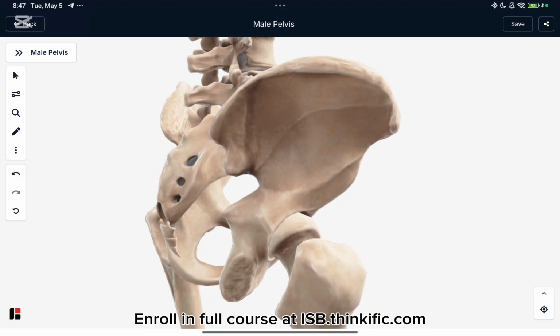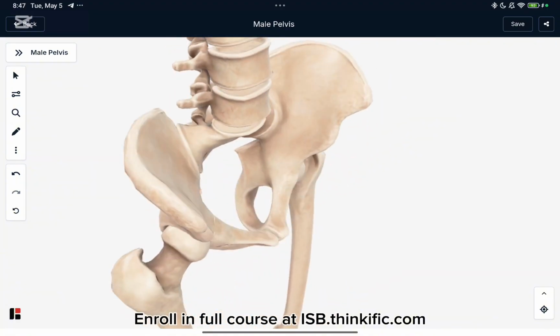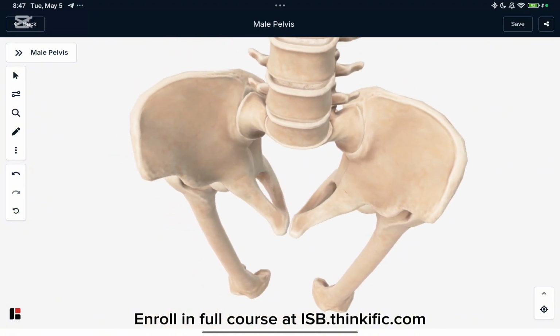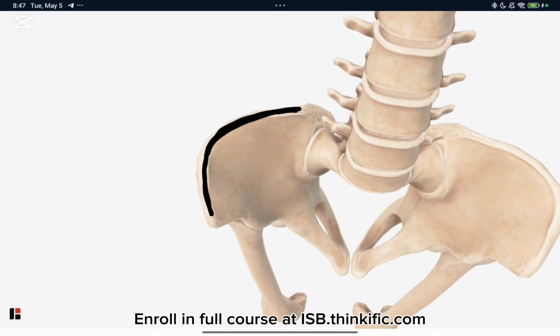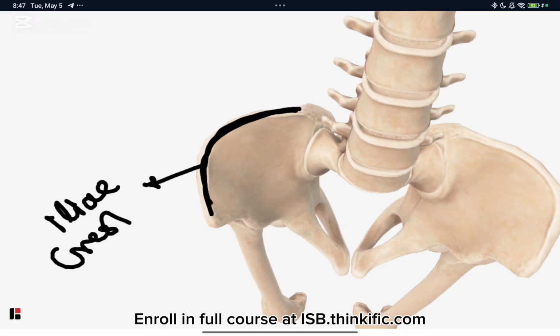We don't need to confuse ourselves with it now. But an important thing is that the top portion here is very thickened, as you can see. This is called the iliac crest. It is thickened such that a lot of muscular attachments happen here, like the transversus abdominis, the external oblique, the internal oblique. Many muscles attach here.